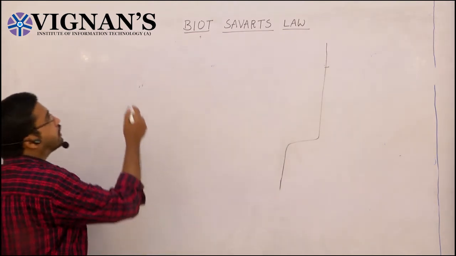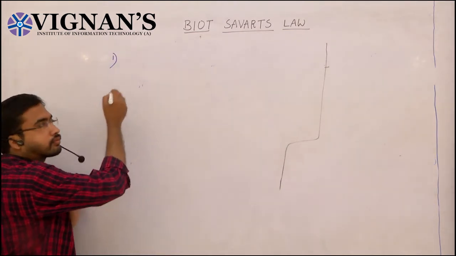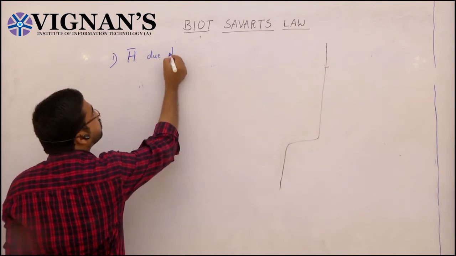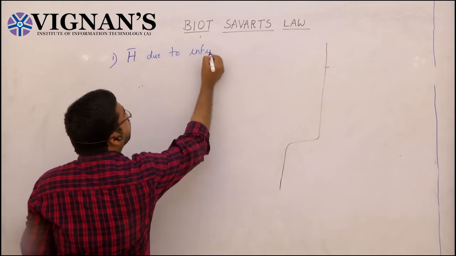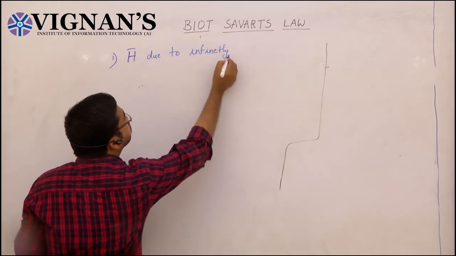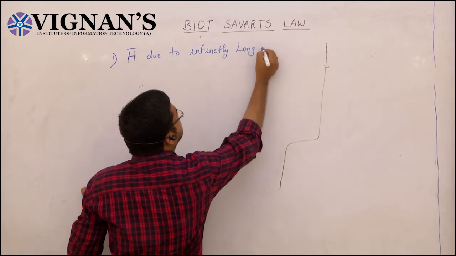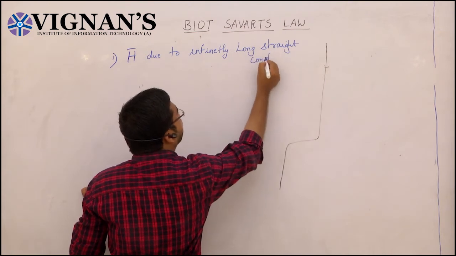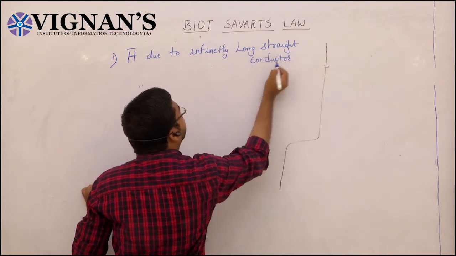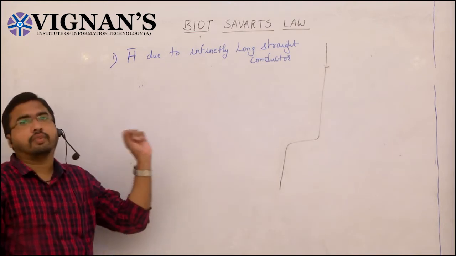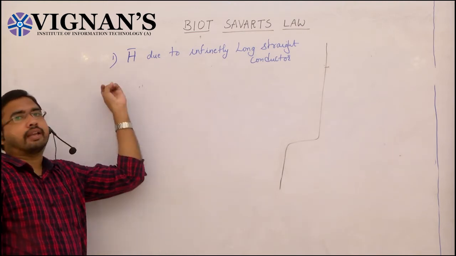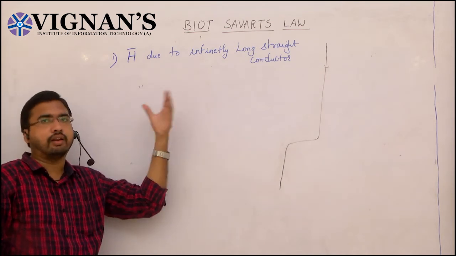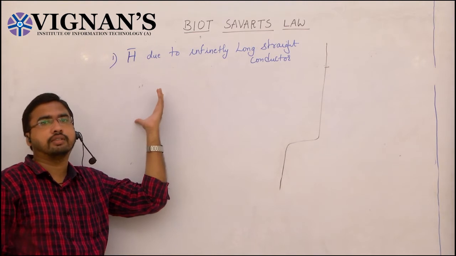So the first application of Biot-Savart's law is derivation of magnetic field intensity H due to an infinitely long straight current carrying conductor. Okay. So first, what is meant by magnetic field intensity? Magnetic field intensity is H equal to NI by L. Already we defined all those terms in our basics class.